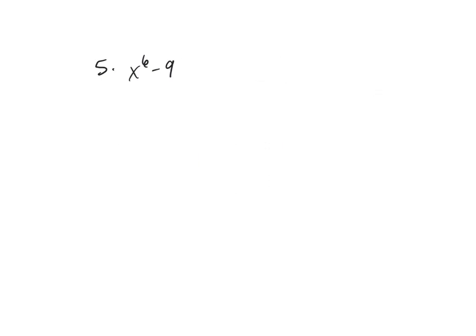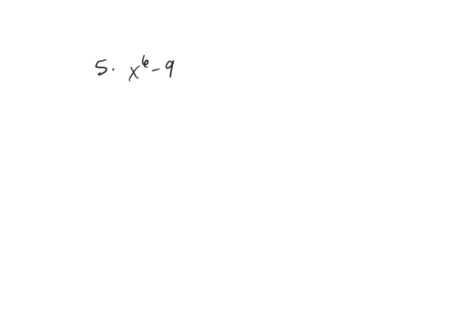Okay, x to the 6 minus 9 is also going to follow one of our formulas, and sometimes you may be confused about which formula you can use to factor this problem. The way that you know is you have to see if they have a perfect square root or a perfect cube root.